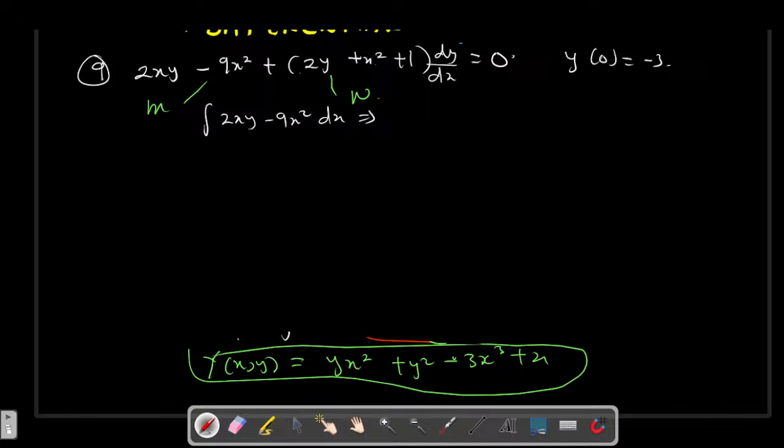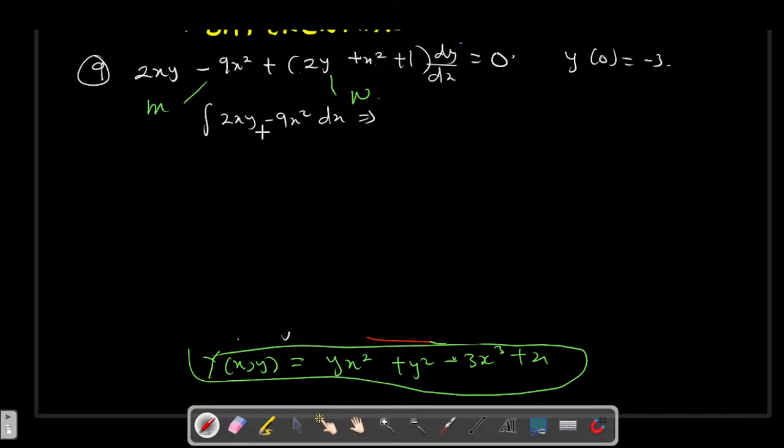Let me come again. I said that the exact equation here has two parts. It has the M part, which is the x part, and the N part, which is the y part, where N is always attached to the dy over the dx. If you want to solve this by the normal approaches we are going through, you take one of them, but when you integrate, your constant of proportionality doesn't become c, but becomes a function of the other which you didn't use.